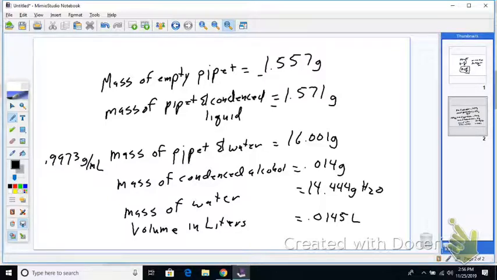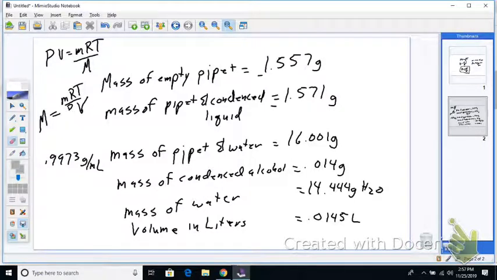Now I've got my equation, and I should have all my values. So PV equals little mRT over capital M. So I've got to solve for capital M. So capital M equals what? Little mRT over PV. Yeah, little mRT over PV.